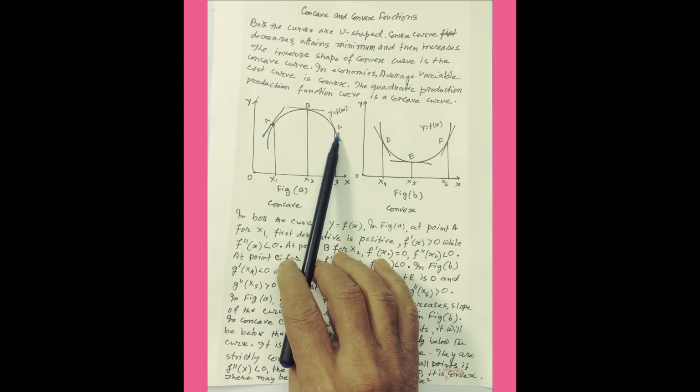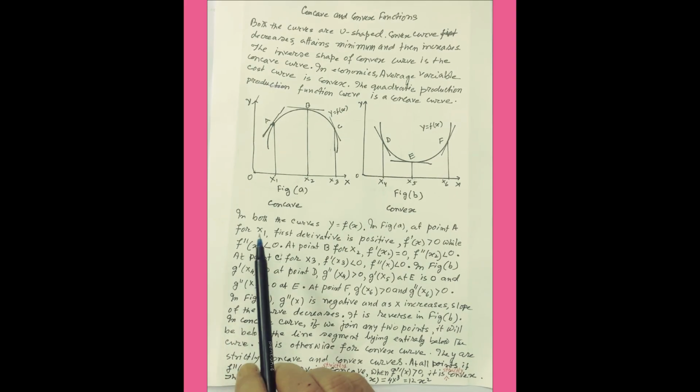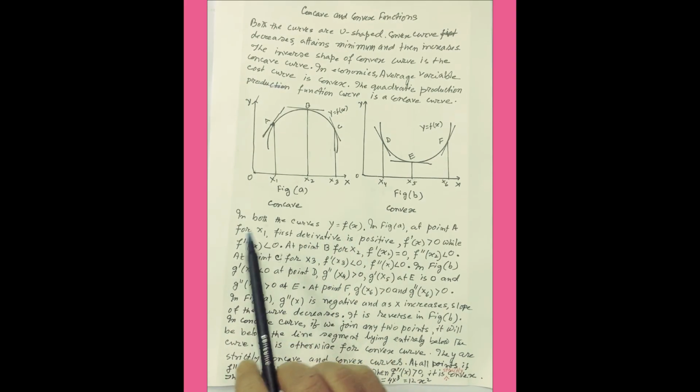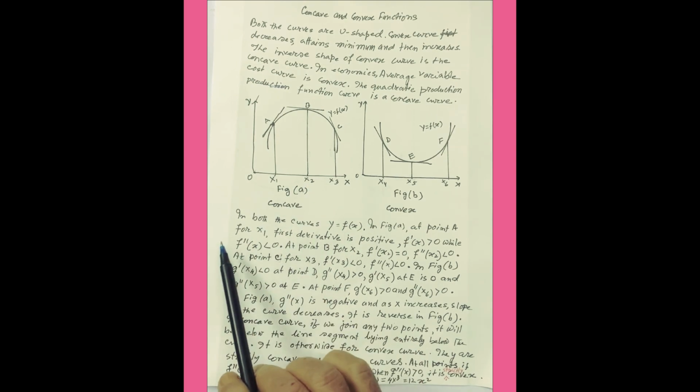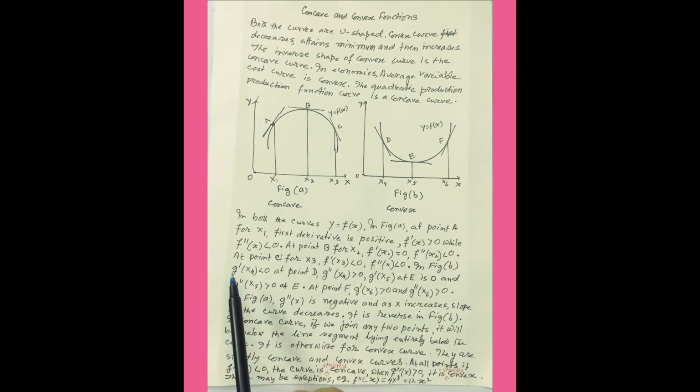So it is a concave curve. Now in both the curves, y is a function of x, okay? So the influencing variable is x and y is the dependent variable. So y is a function of x.